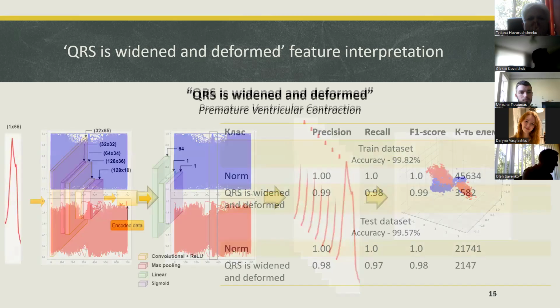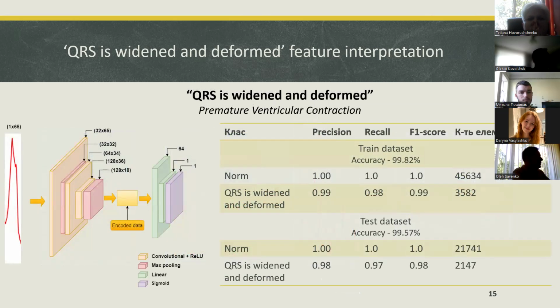That is why, to confirm or deny the QRS complex widened and deformed feature, it is suggested to use a CNN model for binary classification. The architecture of this network is shown on the current slide. The obtained statistical result for this model confirms the possibility of using this CNN network to confirm or deny feature presence in an electrocardiogram signal.